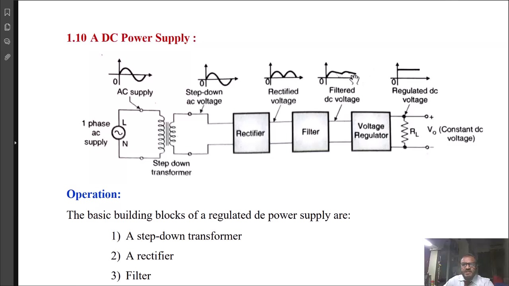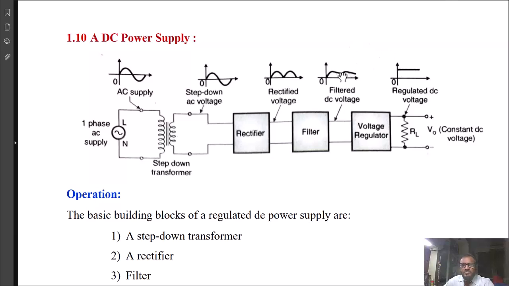Typically, say average DC value is 15 volt plus or minus 3 volt. In some electronic circuits, these variations are not tolerable, and therefore the voltage will be further regulated by using the next block called voltage regulator.